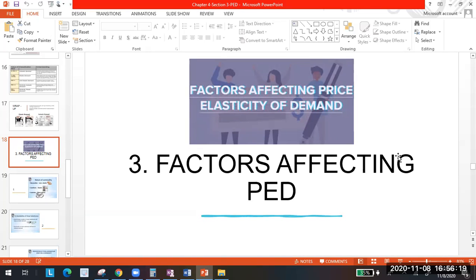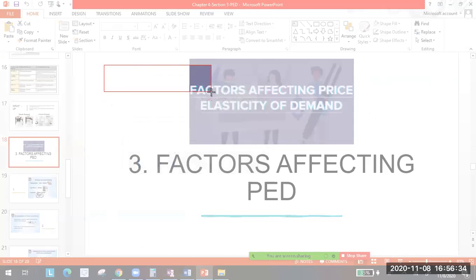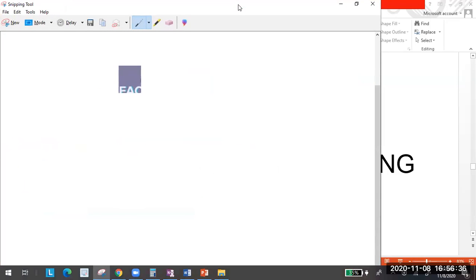Step by step. First one is the relationship between demand and the price, right? So what was the relation? That there is a negative relation, okay? And since there is a negative relation, that's why the demand curve is downward sloping.